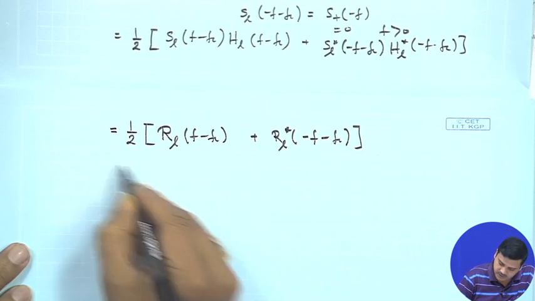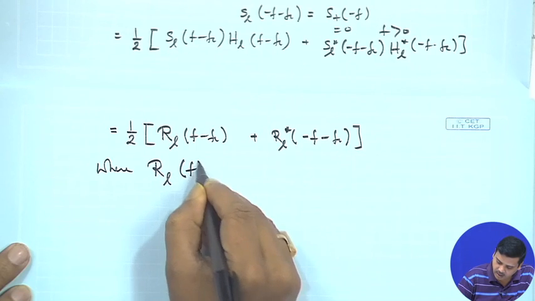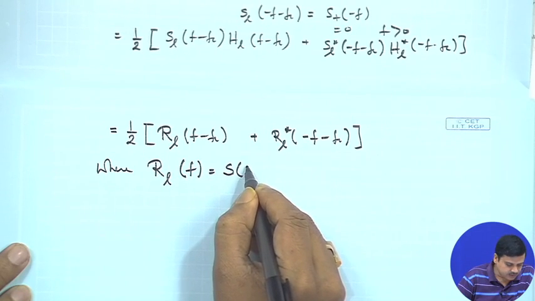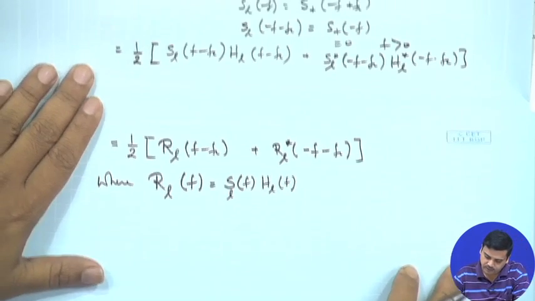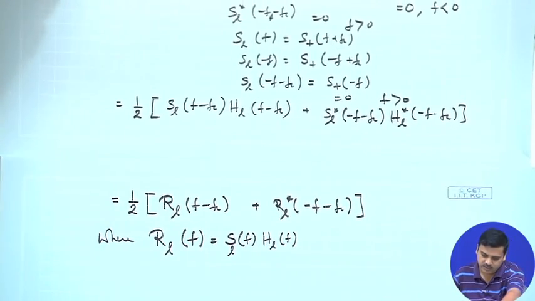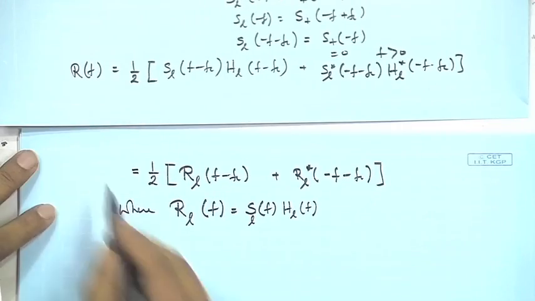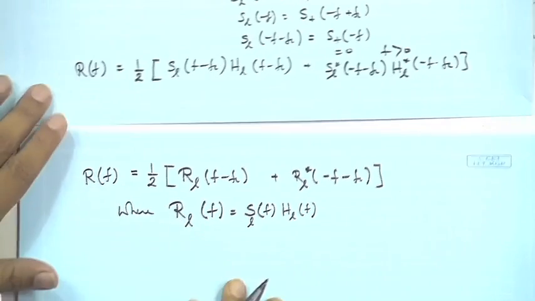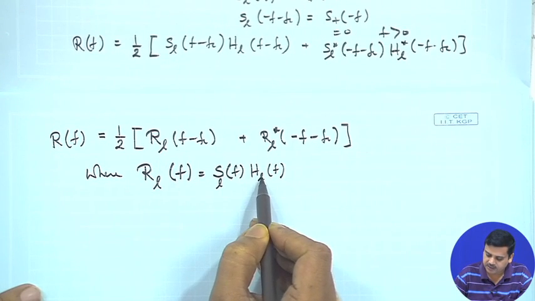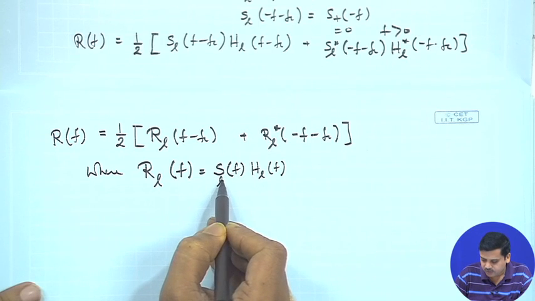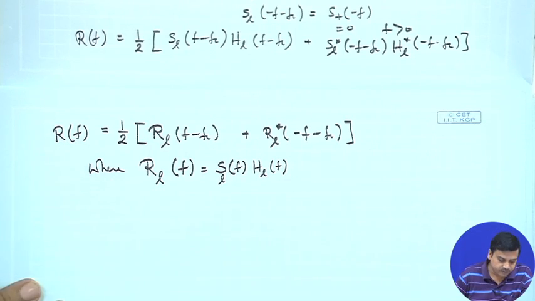So, in other words, we could say that these relationships make sense if only we would define R_L(f) is equal to S_L(f) multiplied by H_L(f), and therefore, we could relate this R(f) over here to its low pass equivalent form in the same way, and since R_L(f) is related to S_L(f) and H_L(f) in this way, we can say that the low pass equivalent signal and the channel could help us in getting the passband spectrum of this particular signal.